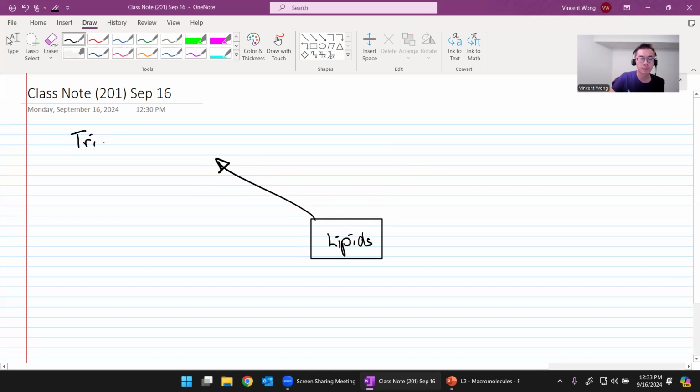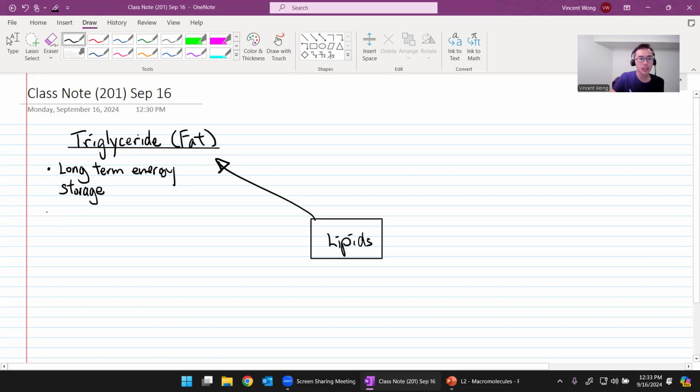triglyceride. Triglyceride is fat. It's just a fancy word for fat. And the function of fat is for long-term energy storage.